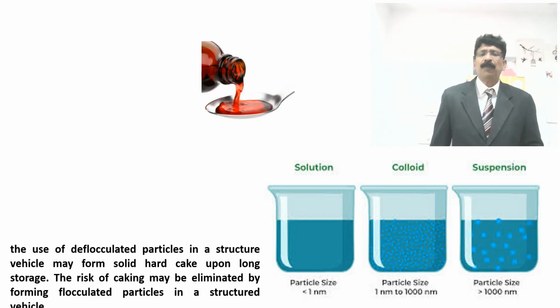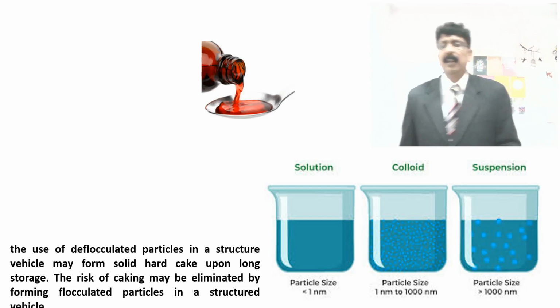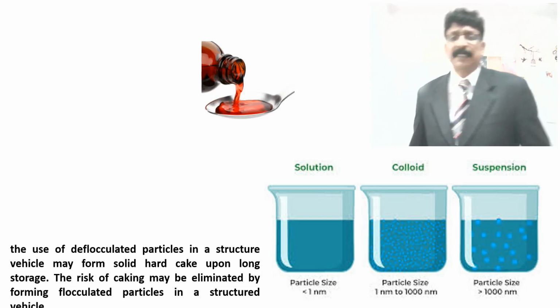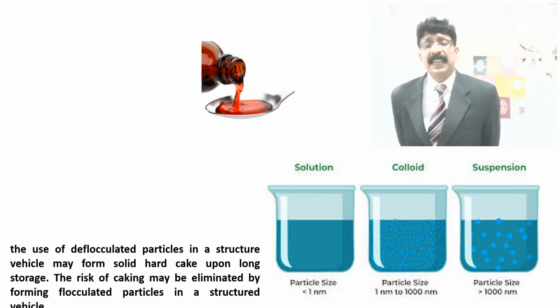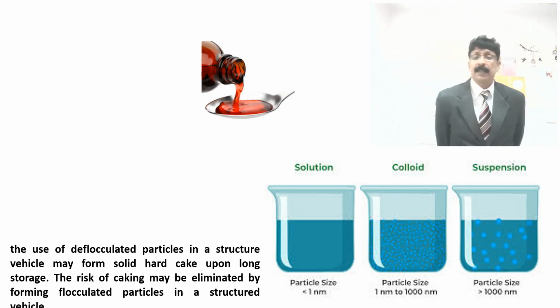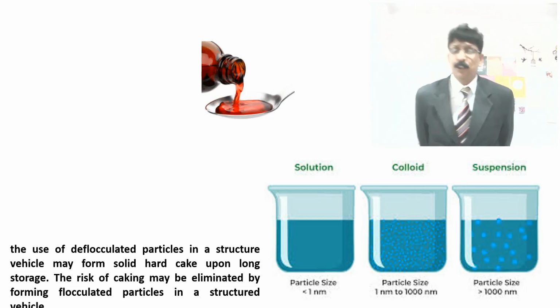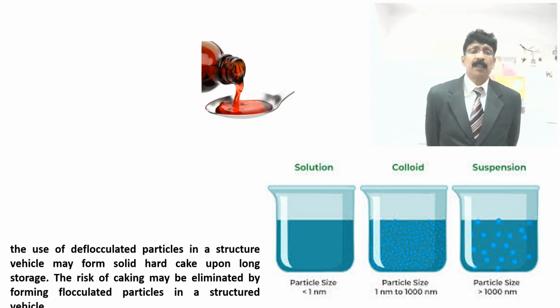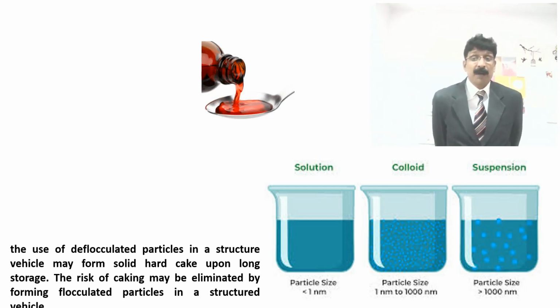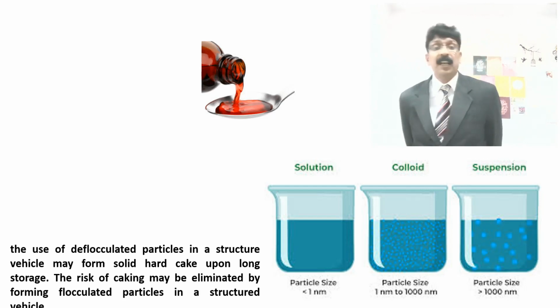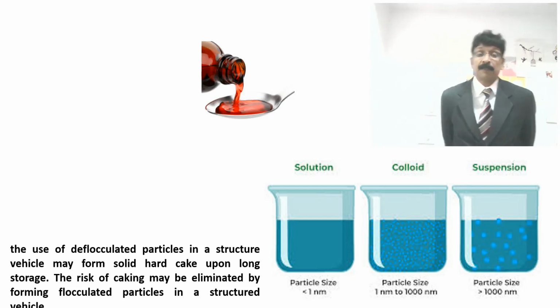So we want to see solution, colloidal and suspension particle sizes. Particle size in a solution is less than 1 nanometer. Colloidal particle size is 1 nanometer to 100,000 nanometer, and particle size in a suspension should be more than 100 nanometer. In deflocculated particles, a structured vehicle may form in the suspension.